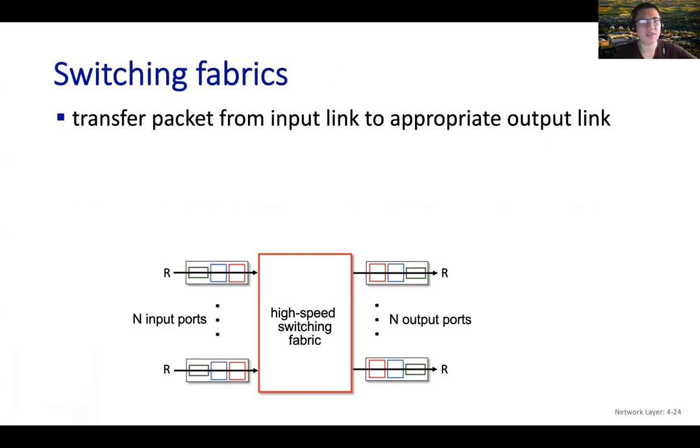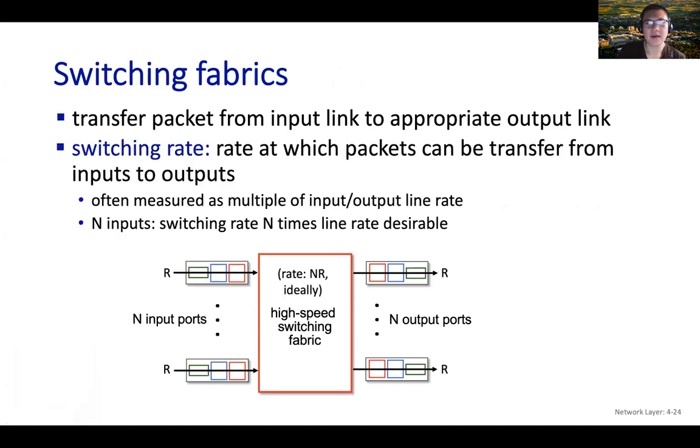Okay, let's try to finish the last two slides, and we can finish today. So the switch fabrics, right? They transfer packets from the input link to the appropriate output link. The switching rate, as I mentioned, is the rate at which packets can be transferred from inputs to outputs, often measured as a multiple of the input and output line rate.